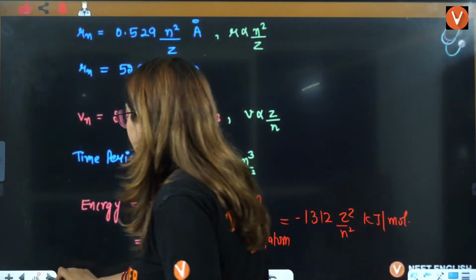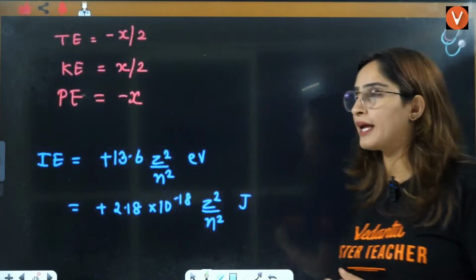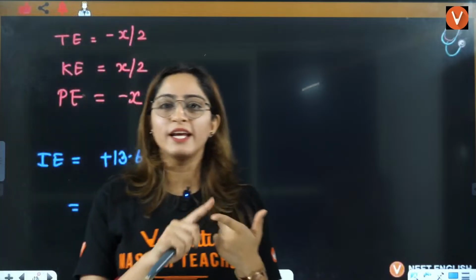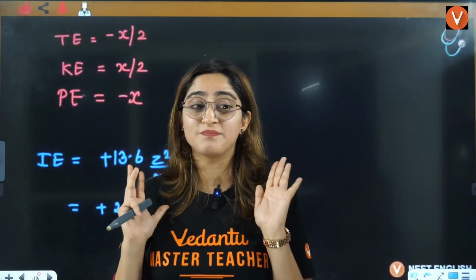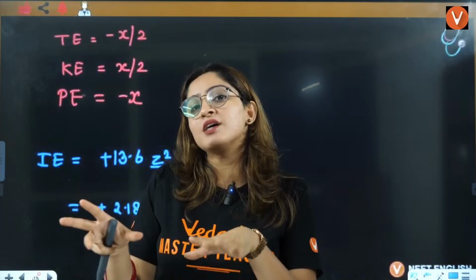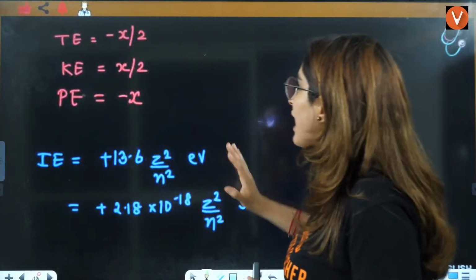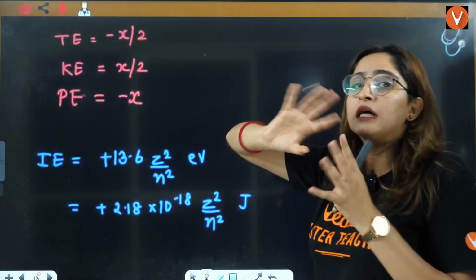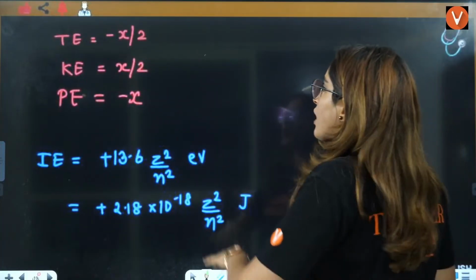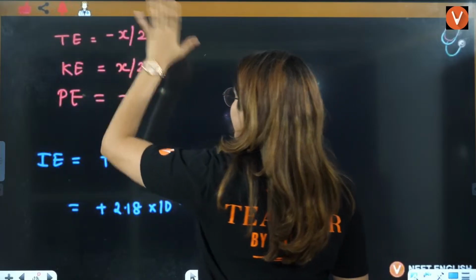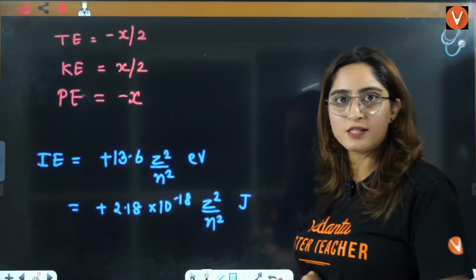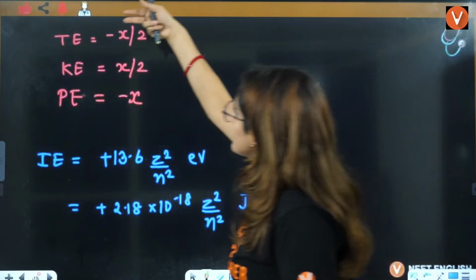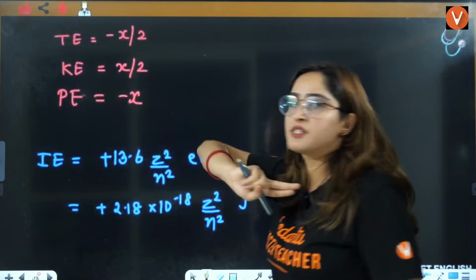So firstly, let's understand more about energy, right? Very rare chances that they will ask you kinetic and potential energy specially, but still if they ask you, you should know. If they ask you total energy, kinetic energy and potential energy, directly learn the relationship here. If I say that total energy is minus x by 2, then kinetic energy is opposite of that.